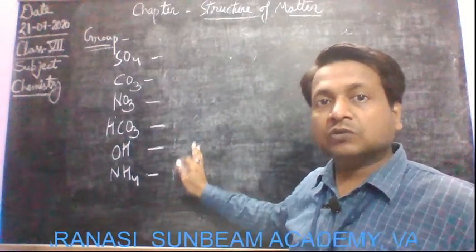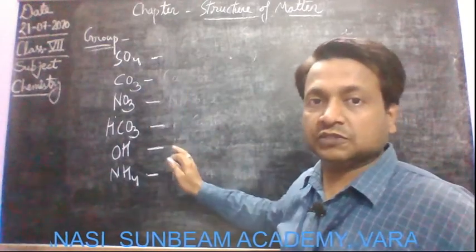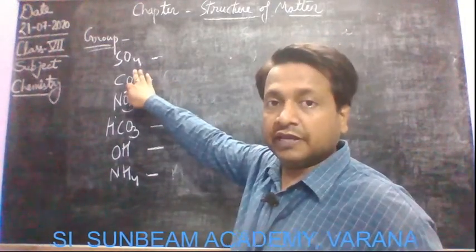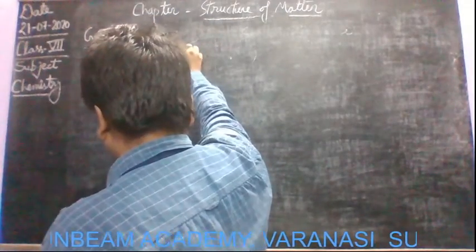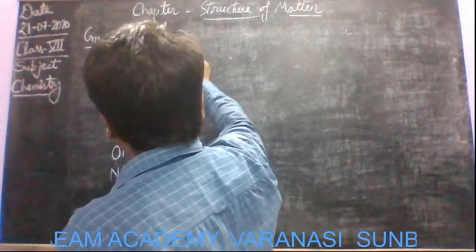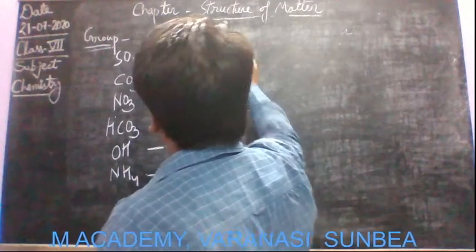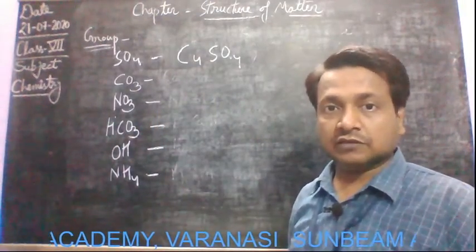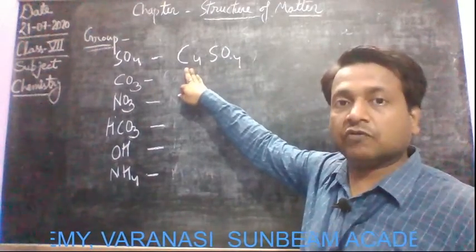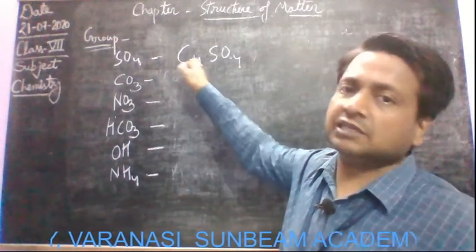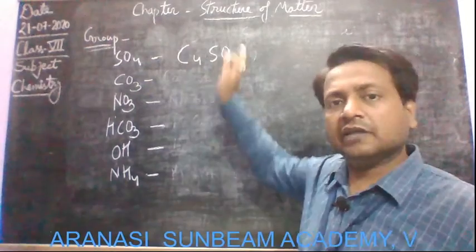The compounds which are formed by these groups, like sulfate, form copper sulfate when the group reacts with copper, and just like that, sodium sulfate, and so on.